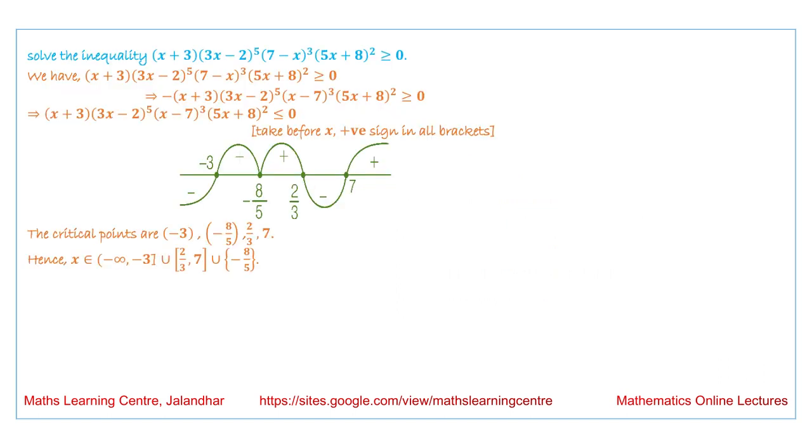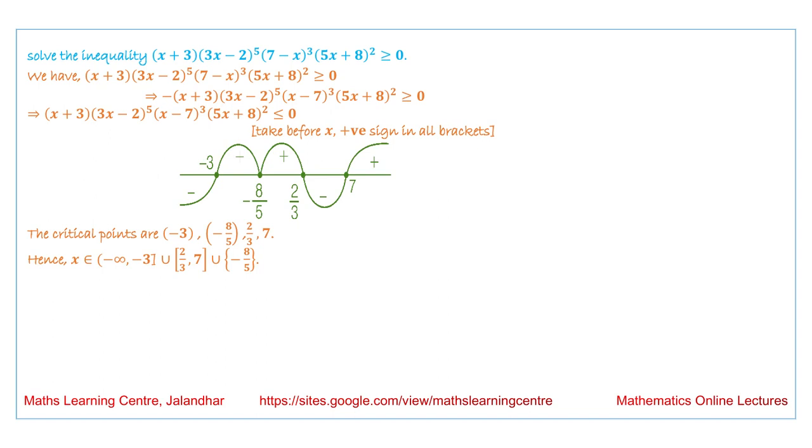The first question we have over here is (x + 3)(3x - 2)^5 (7 - x)^3 (5x + 8)^2 is greater than or equal to 0, and we want to solve this inequality.